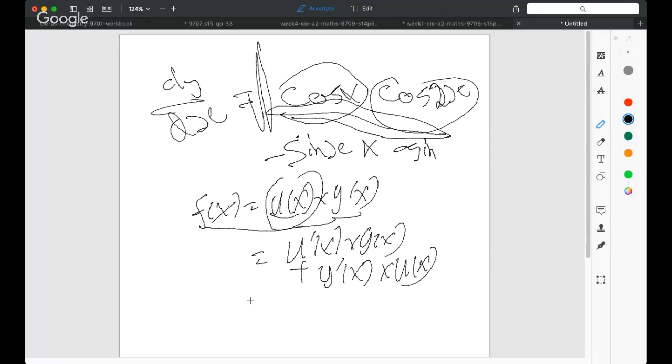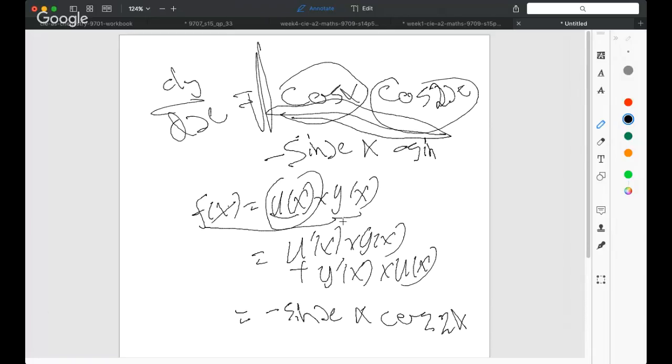So you would just differentiate it, so it would be negative sine x times cos 2x, and then you need to plug that in.